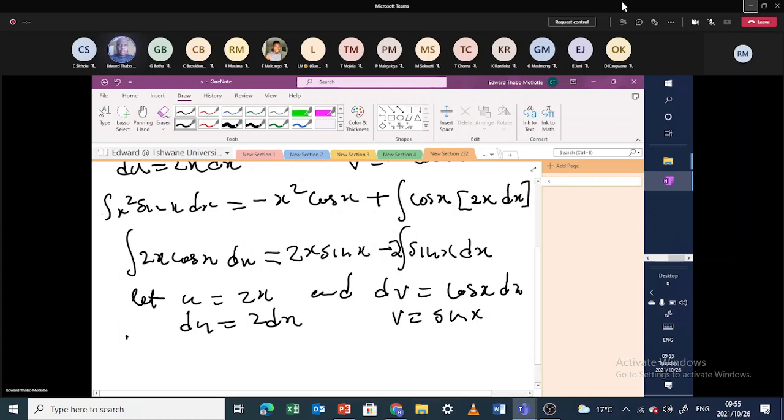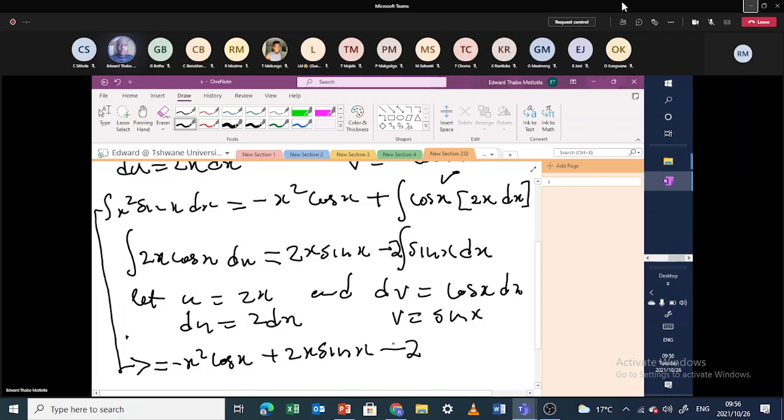Now I can finalize my solution. The solution of that one is equal to minus x squared cos x. Now for this one here, we'll replace it with this. So it's plus 2x sine x minus 2 times the integral of sine x, and when we integrate, sine is going to be negative cos x.